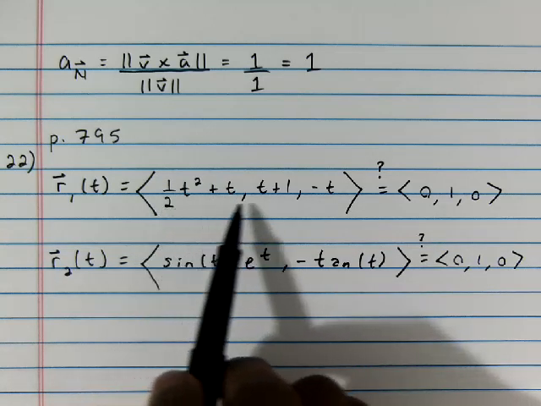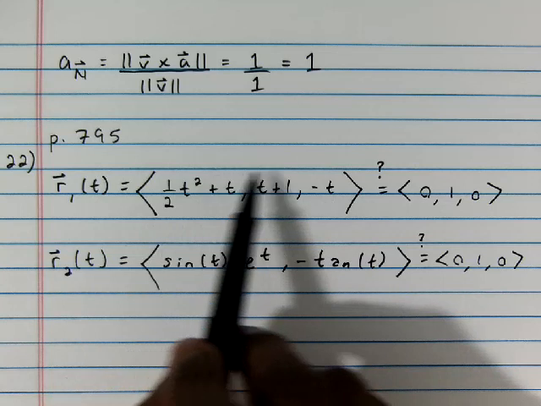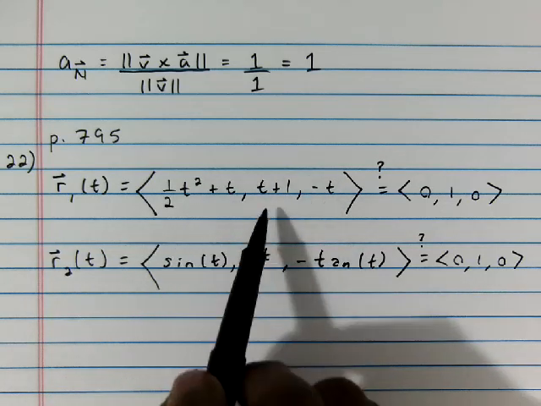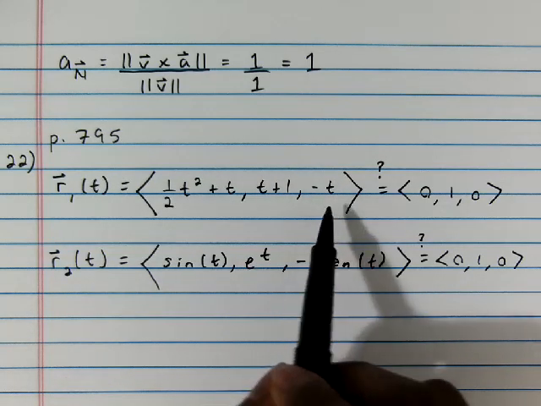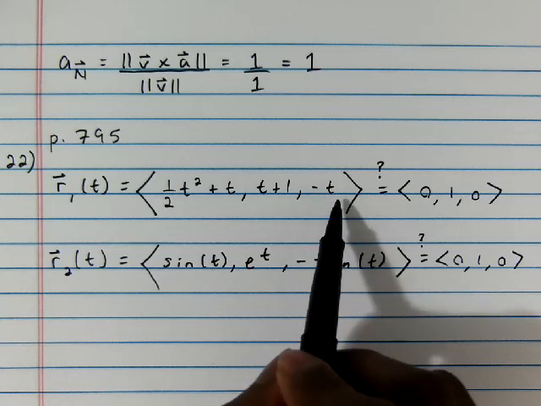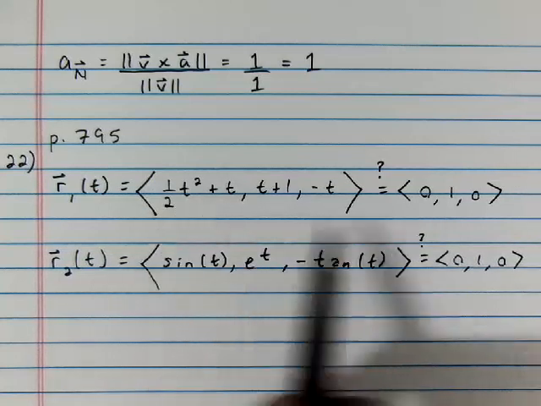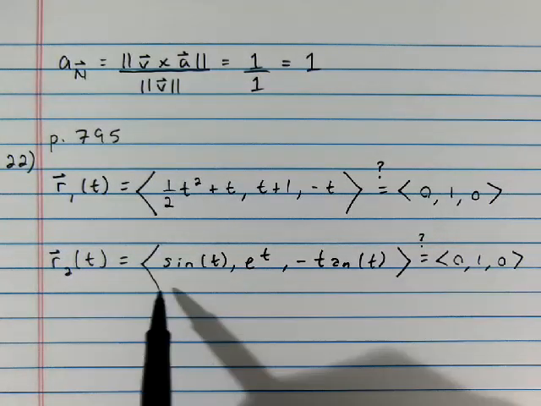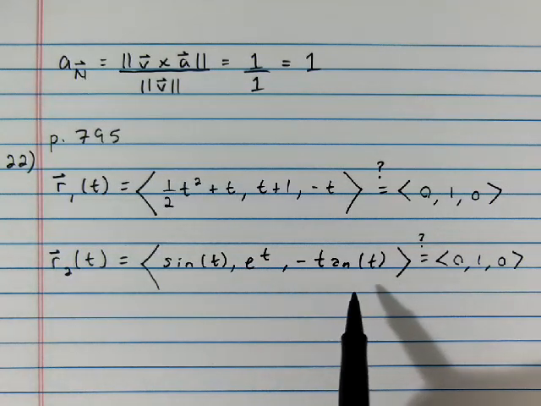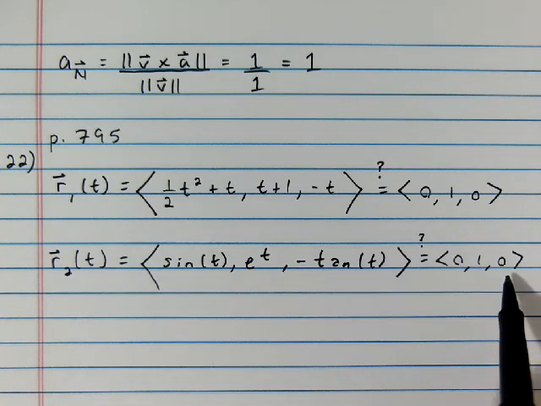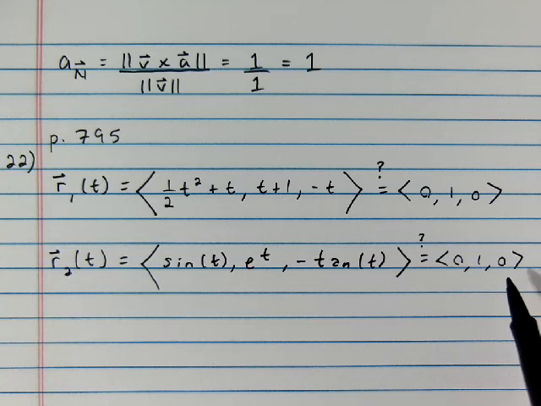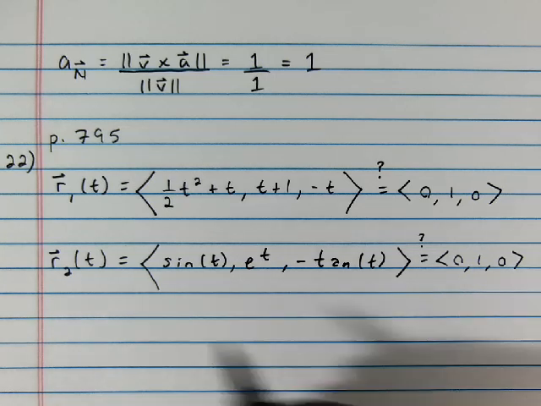Whatever you get for this one is going to be the same whether you use that component or that component. So the easiest component here to use is the third component. The third component tells us t equals 0. You could use this one, set that equal to 0. It's just a little bit harder. And then down here, same thing. You pick whichever one you want to. If you want to set negative tangent of t equal to 0 and solve it that way, that's fine. Or e to the t equal to 1 and solve it that way, that's fine. It doesn't matter. So let's look at R1.